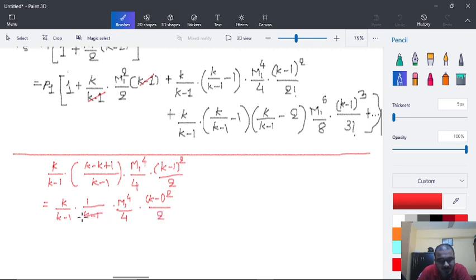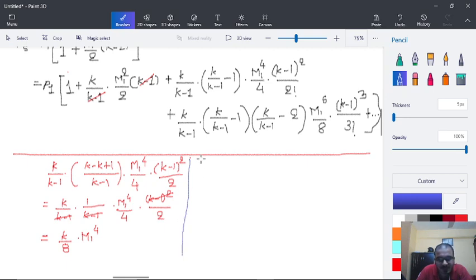So this k minus 1 will get cancelled with this. So this will be equal to k upon 8 m1 raised to 4. That will be the second term's simplification. And now let's simplify the third term.